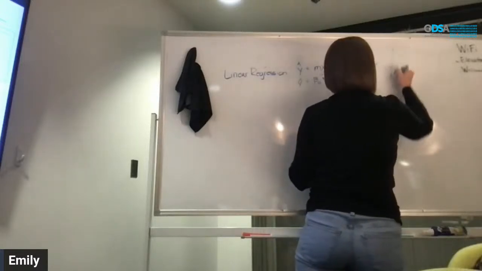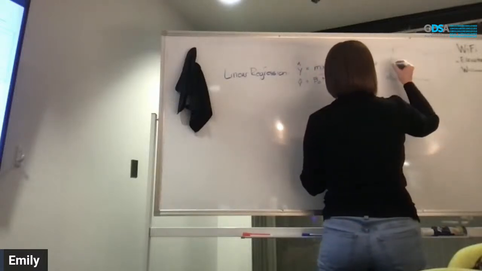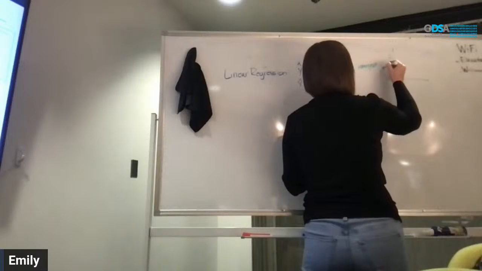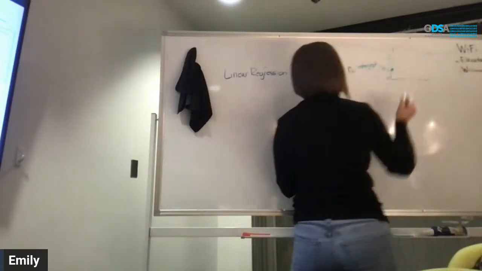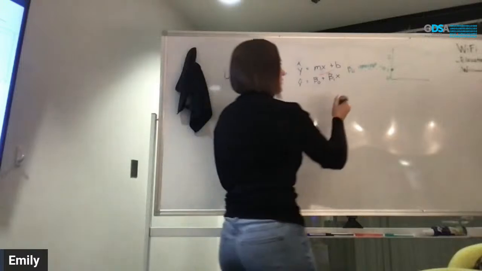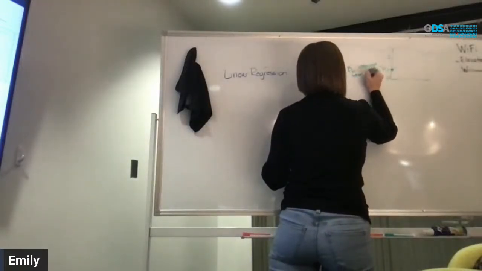So if we have this graph and we have y equals mx plus b, and that's 0, 1, 2. In this graph, our intercept is 1. Your intercept is when all other betas are equal to 0.